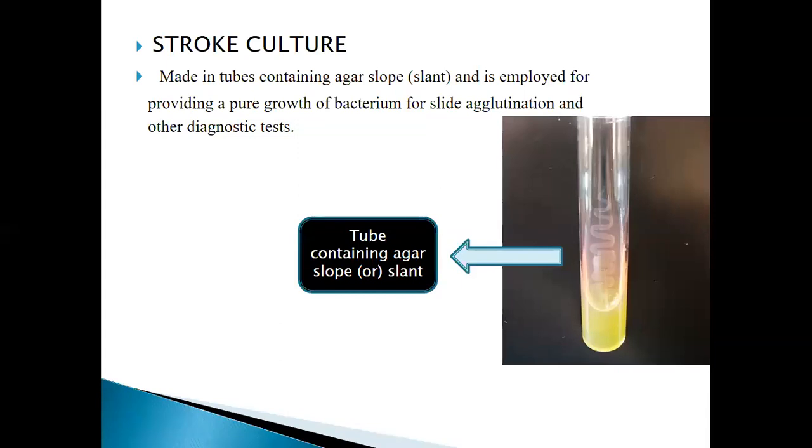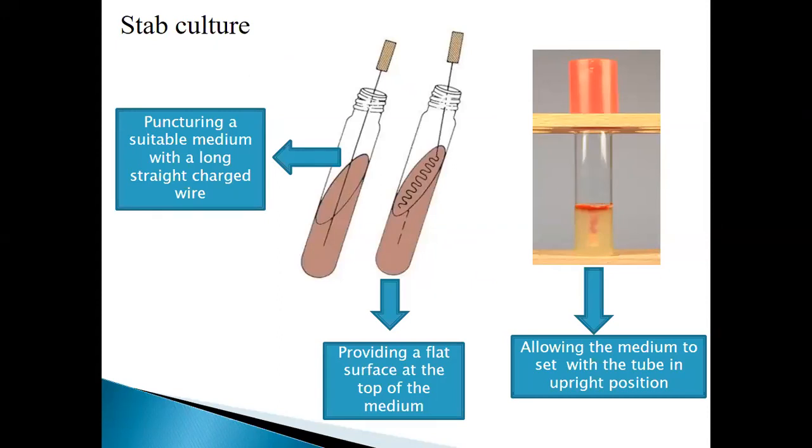You can use it on an agar slope, employed for providing growth of bacteria for slide agglutination and other diagnostic tests. Stab culture: you give a stab into the broth and then you grow.